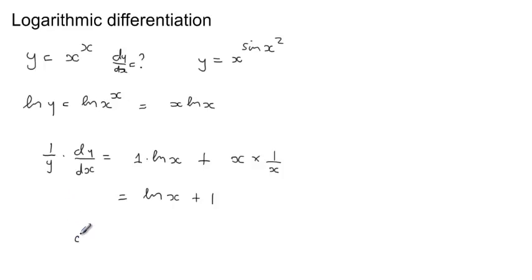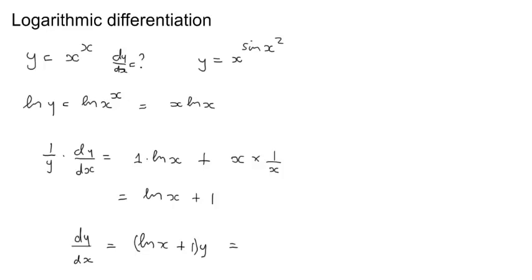Solving for dy/dx, in this case, it just demands multiplying by y on both sides. Then we'll get ln x plus 1 in brackets multiplied by y. If you want, you can sometimes leave the function like that, especially if this y is very cumbersome.